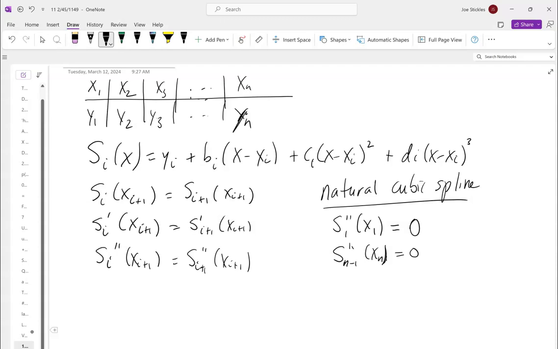So this is one way to handle the missing information, making the curvature at the very, very left point and the very, very right point 0.